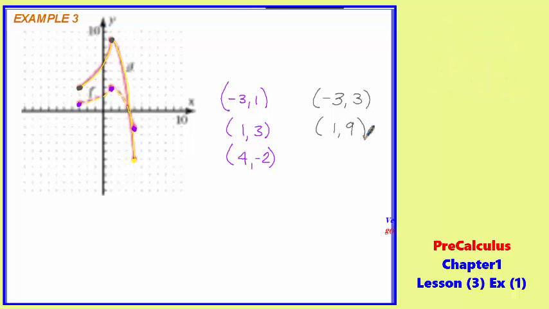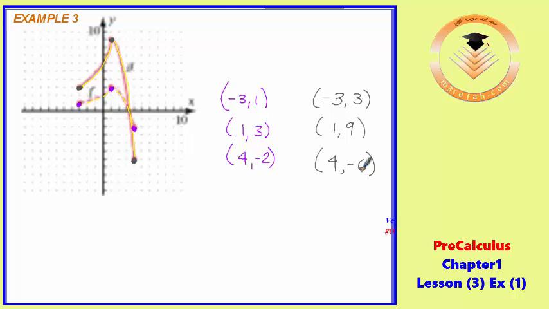And the last one, after the stretch, is 4 and negative 6.